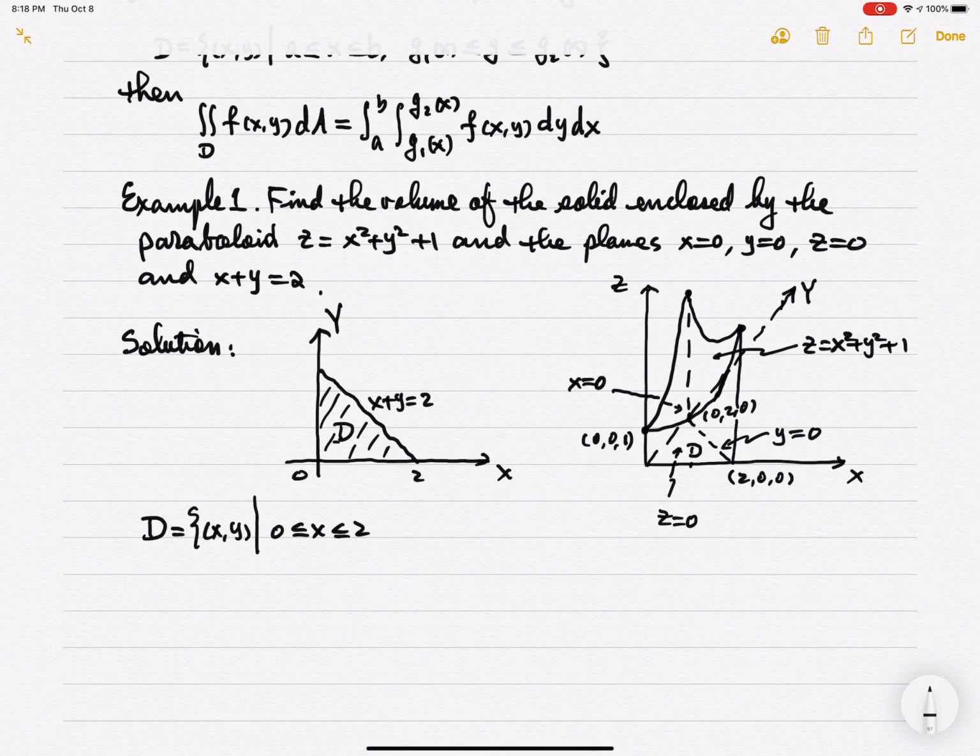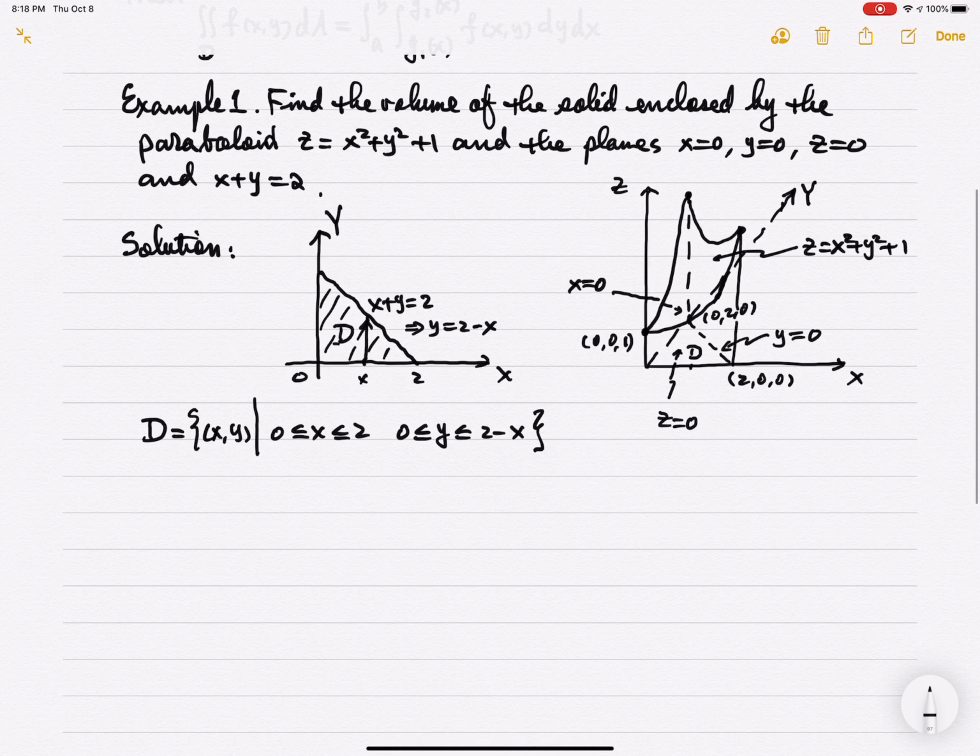And then given an x value, y changes from 0 to here, so y changes from 0 to 2 minus x. That's a function, because this implies y equals 2 minus x.